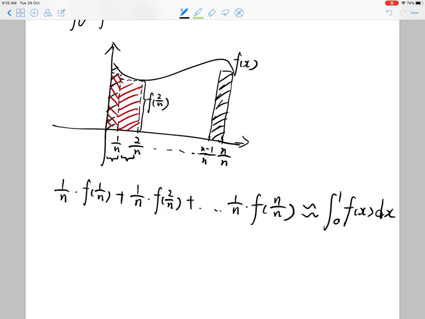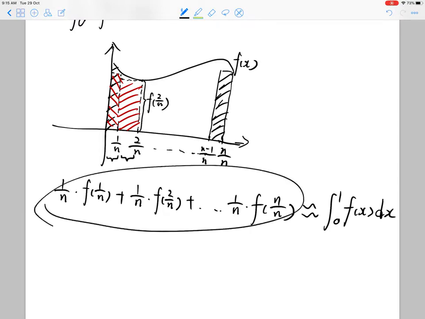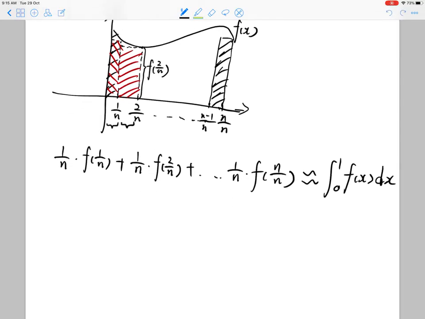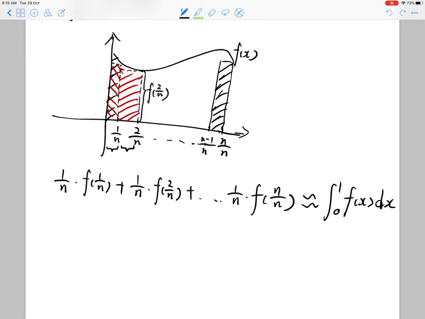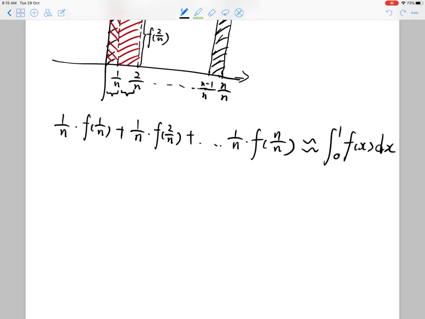So this is the actual area under the curve, and this is the summation of all the rectangle areas. When n is large enough, which means you divide this interval into more and more subintervals, you can see this is closer and closer to this.